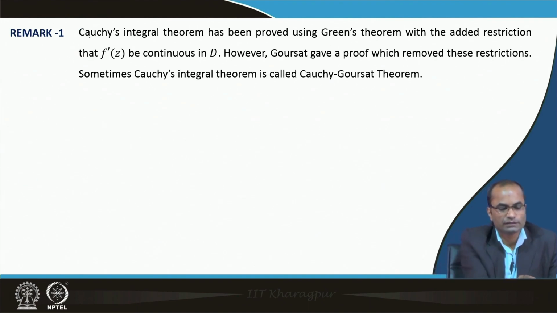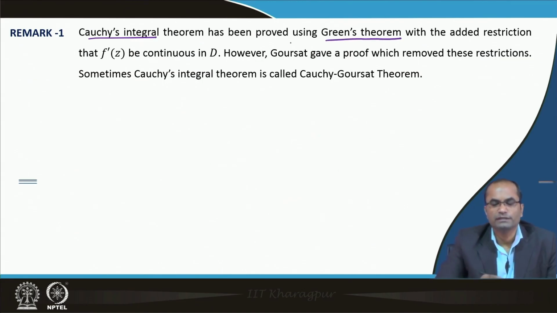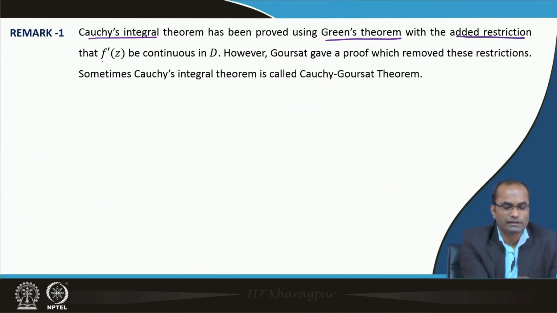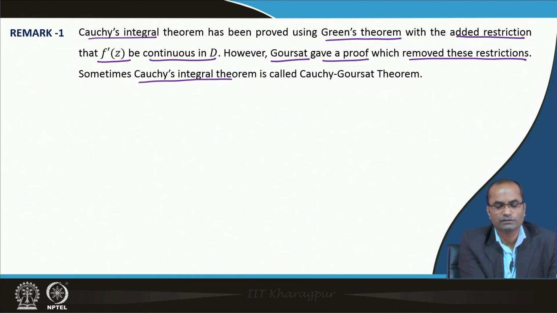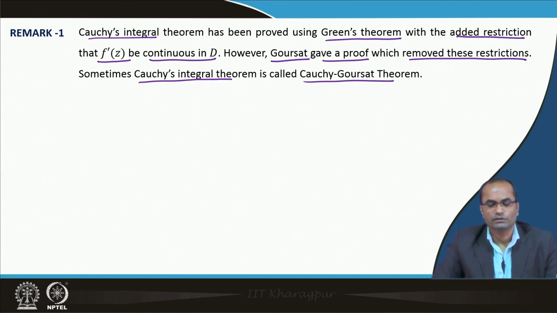Okay, so, there are some remarks now which will get us a little more into this Cauchy theorem. The Cauchy integral theorem has been proved using the Green's theorem. We have used the Green's theorem, and we need the continuity of those u x, v x, etc. So, here we have this added restriction that f prime z be continuous in D. However, the mathematician Goursat gave a proof which removed this restriction, and sometimes this Cauchy integral theorem is also called the Cauchy-Goursat theorem.